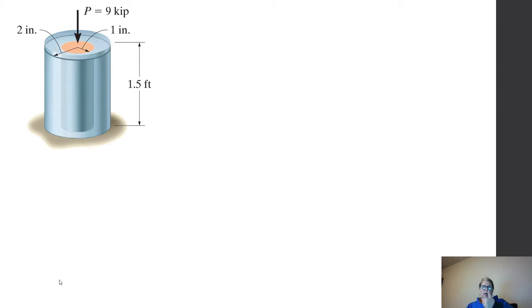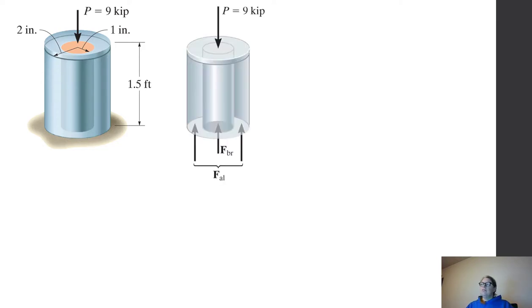That's 2 unknowns, the forces for my brass and my aluminum, and I can sum forces in the y direction because it's axial. I can't take a moment. I don't have any x forces. So I have 2 unknowns, 1 equation.